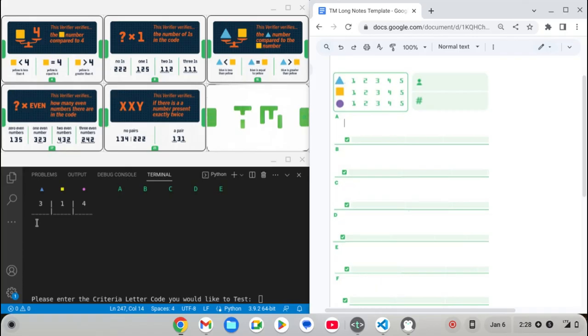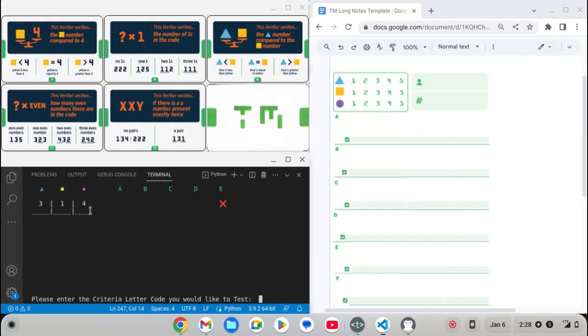And we're going to start off with an initial proposal of 314. So looking at the list of criteria cards, I'm thinking let's go ahead and test criteria card E. Okay, so the Turing machine does not approve of my proposal.